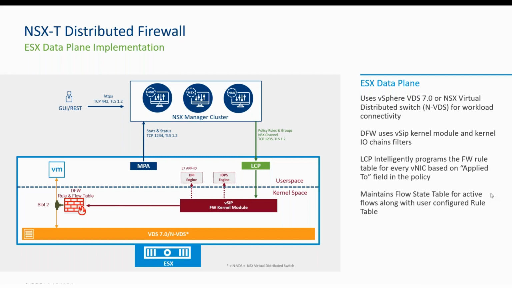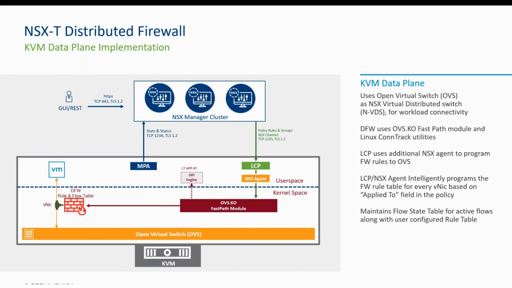And of course, we also talked about flexibility. Not only do we support ESXi hosts as transport nodes, but we also support KVM hosts. So on the next slide, we see an example of a KVM host. NSX-T provides network virtualization and security services for them as well.